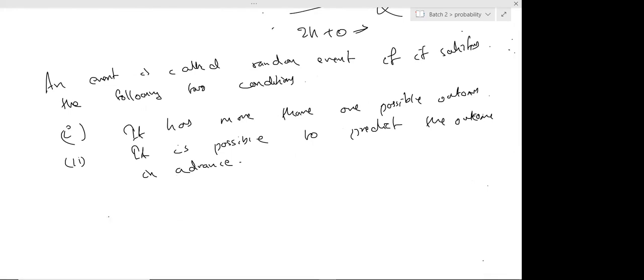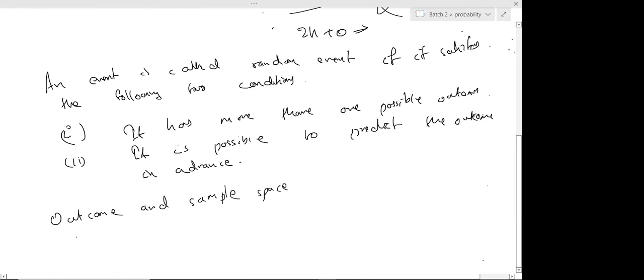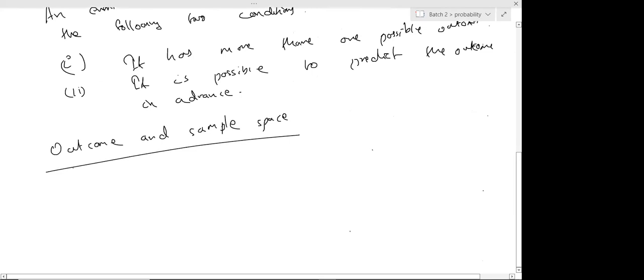All right, now write down outcome and sample space. What we call an outcome and sample space.